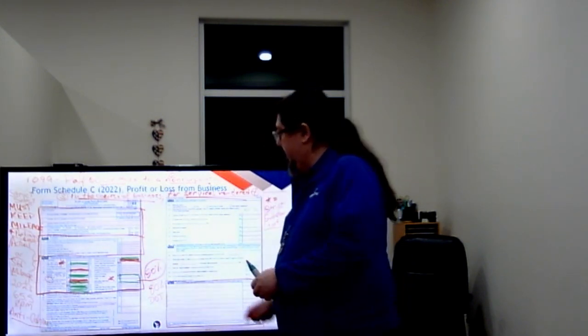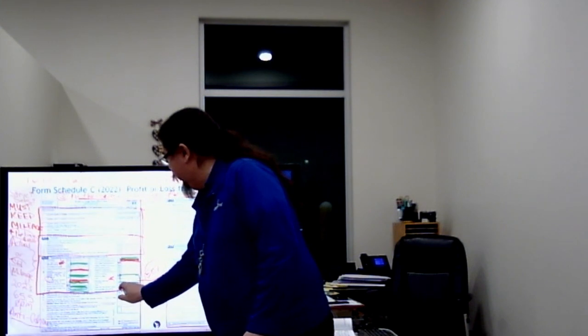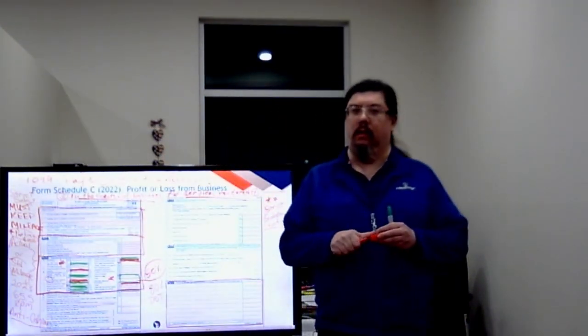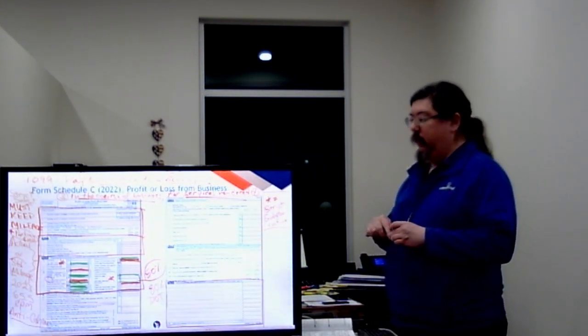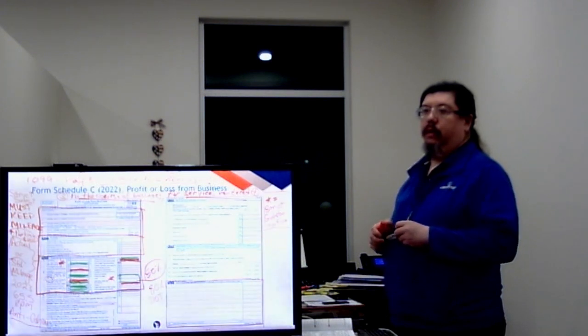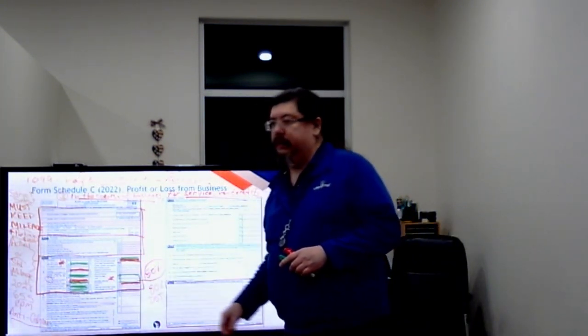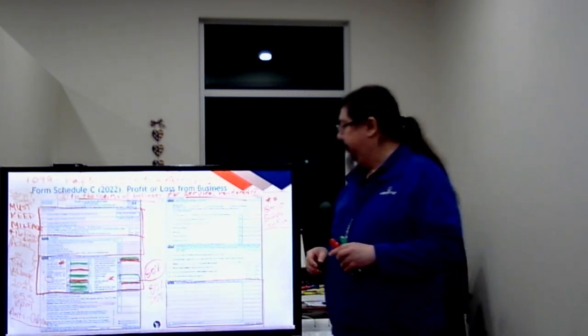Utilities are actually not that common because utilities only counts utilities you pay for your business location, like the office you rent or warehouse, your business location. If you pay utilities as part of your business use of home, that does not go here. That will go instead on the business use of home worksheet, which will come up a little bit later.